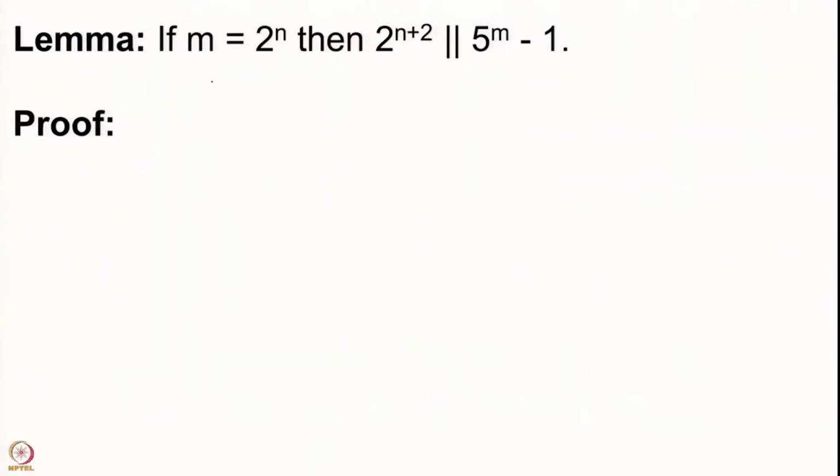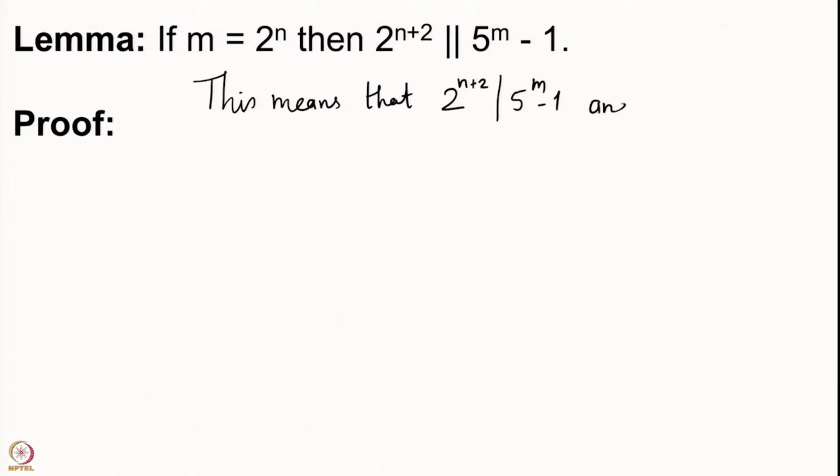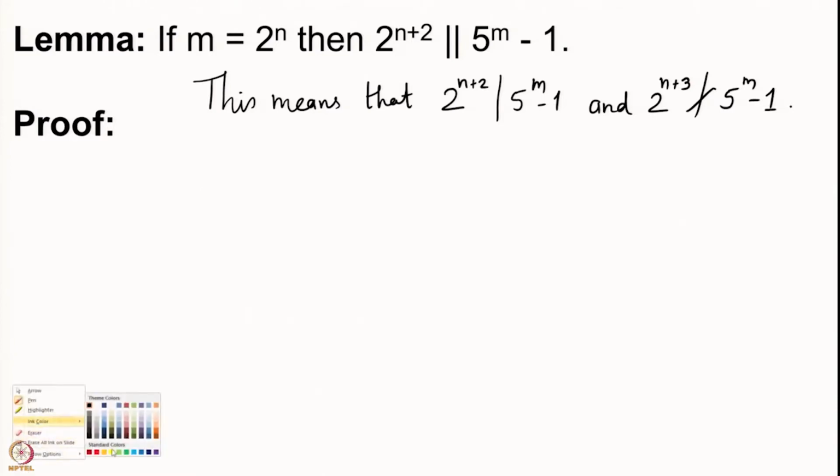So, this means that first of all 2^{n+2} divides this quantity 5^m minus 1, and the next power of 2 does not divide it. This is the meaning of the sign that we have here called double divide.